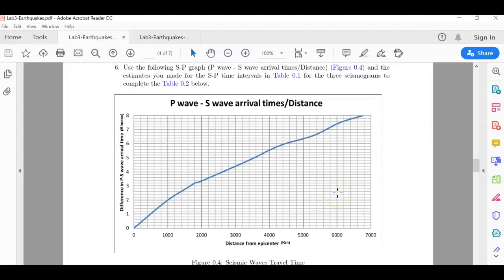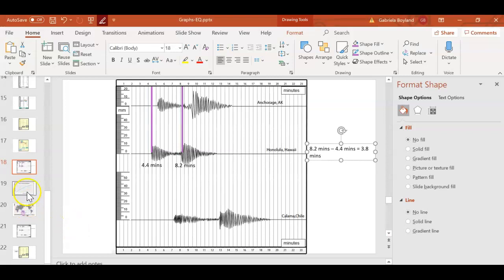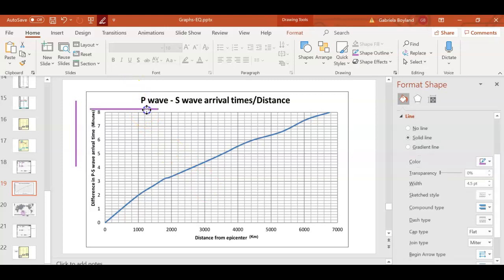So again, I'm going to help you with the first one, which is for Hawaii. We already have the SP intervals filled in. Here we know that in Hawaii it was 3.8 minutes, and we're going to figure out what the epicentral distance is. So this is the SP graph paper, and we know that the arrival time difference between S and primary wave for Hawaii was 3.8 minutes.